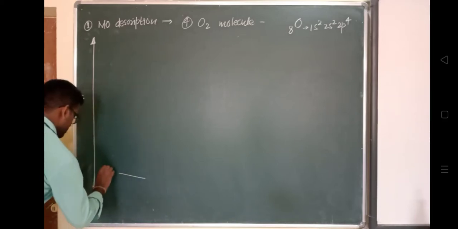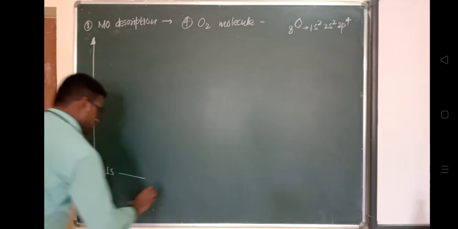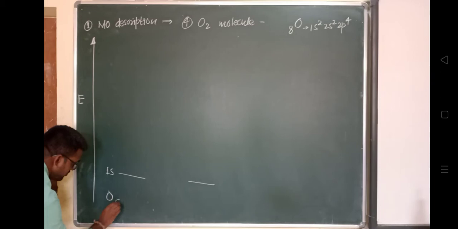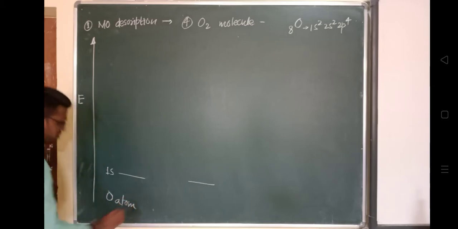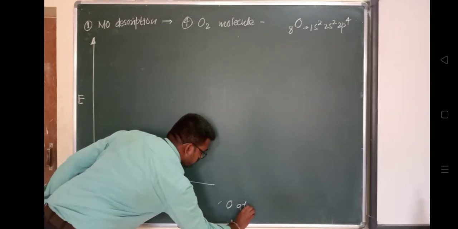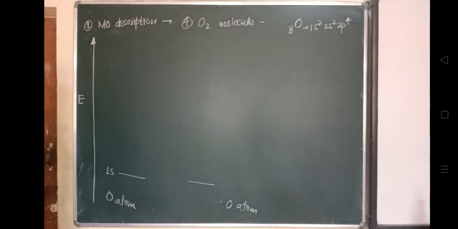Consider this is the 1s orbital of this oxygen atom. This is one oxygen atom and this is another oxygen atom. Two oxygen atoms get combined to form one oxygen molecule.